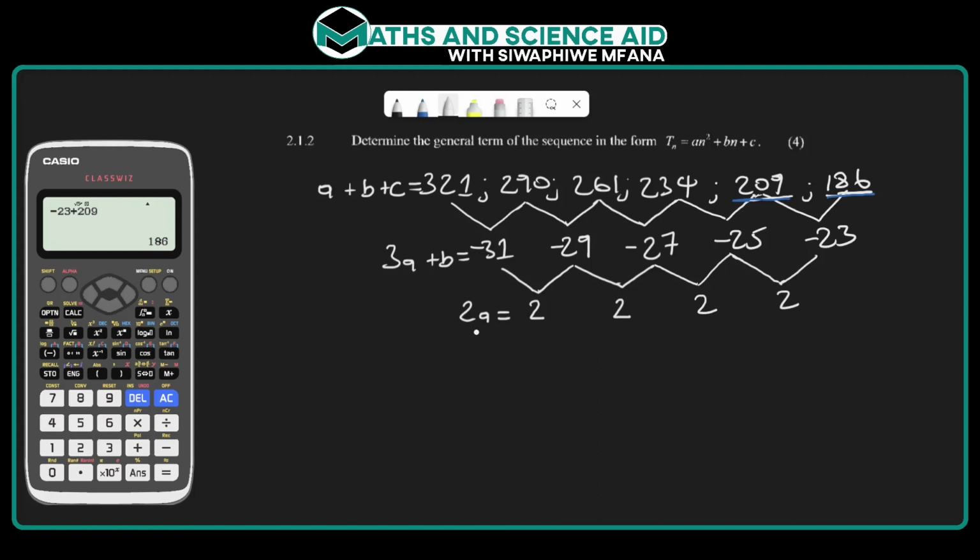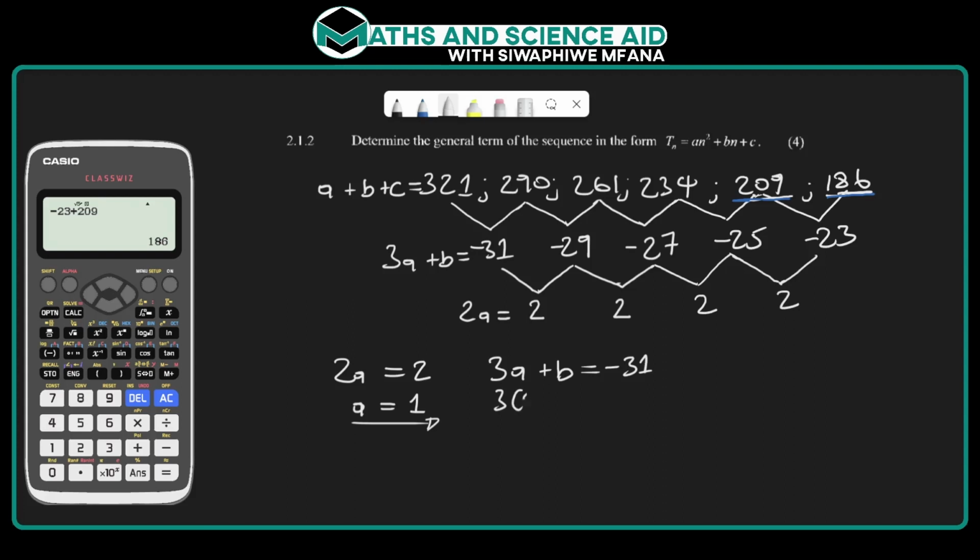And so we can start by finding the a value from the equation 2a is equal to 2. We can obviously divide by 2 on both sides of the equation here, and we will find that a is equal to 1. Thereafter, we can take this a value and substitute it into the equation 3a plus b is equal to negative 31.